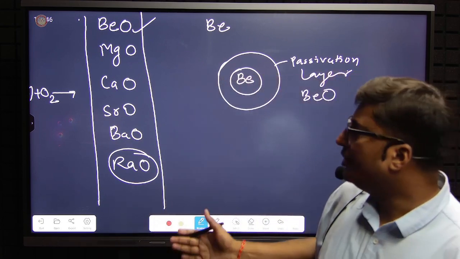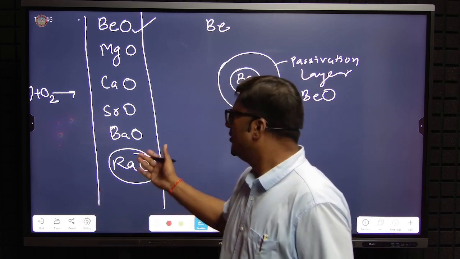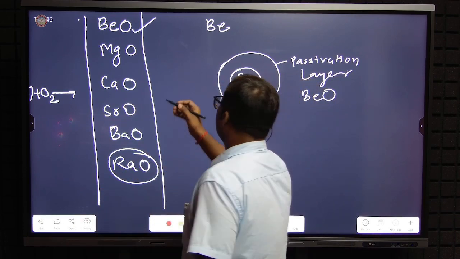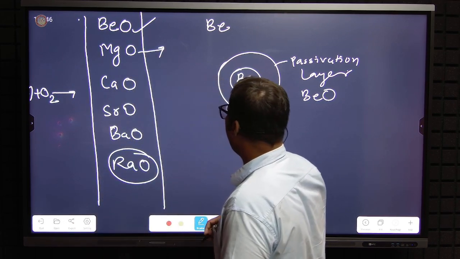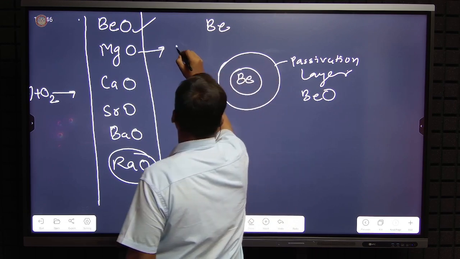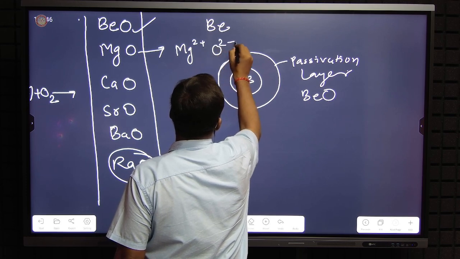So because of the ionization of valence electrons in the metals, this is actually MgO, right? So magnesium oxide, this actually Mg2 plus and O2 minus.